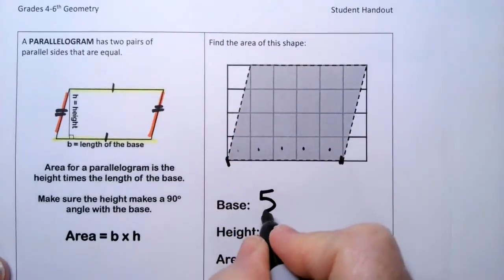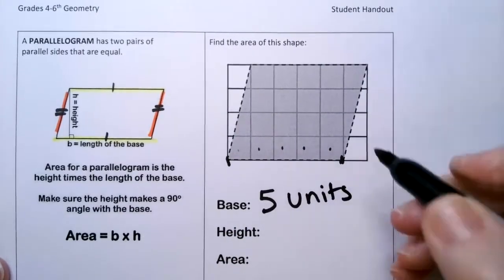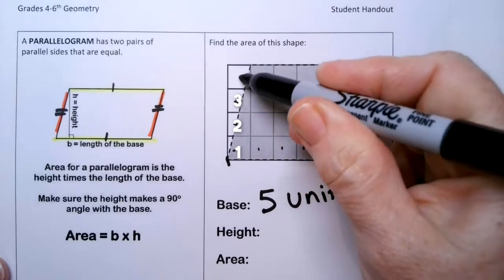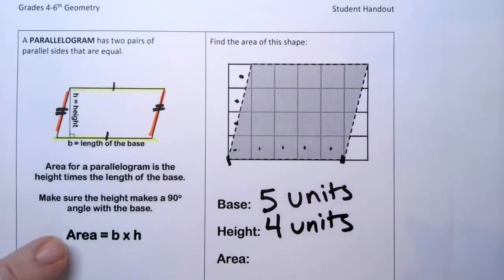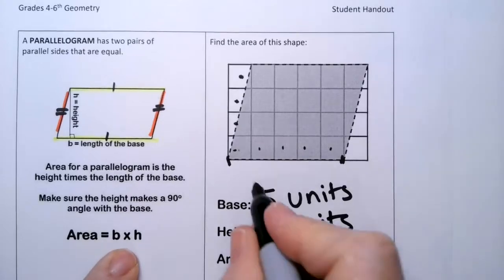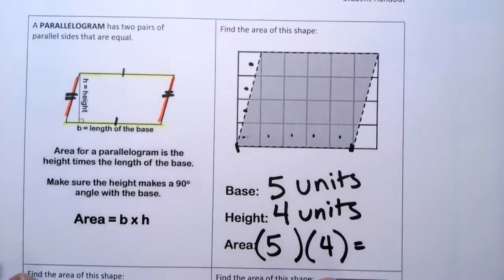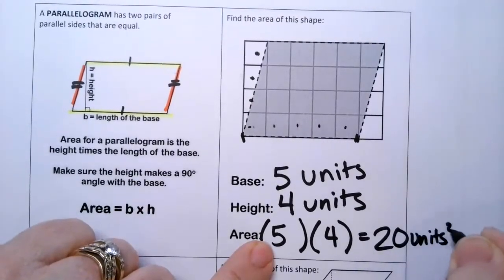So the base is 5. The height, this is units. The height is 1, 2, 3, 4. The height is 4. Okay, the area is base times height. So base is here, 5 times 4. Who knows what 5 times 4 is? Yep, 20. And unit times unit is whatever the units are squared.